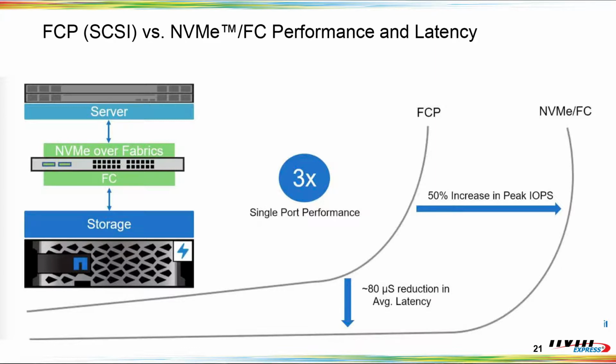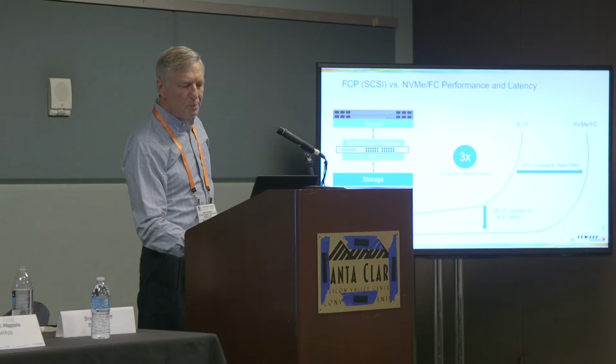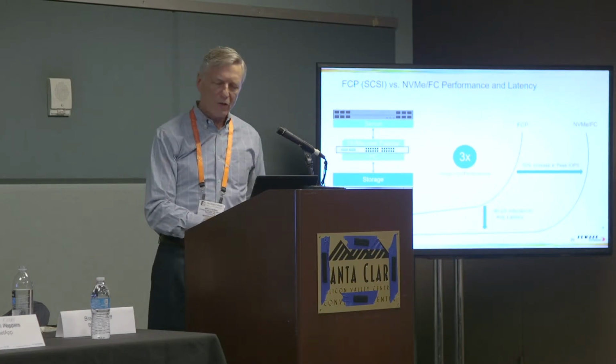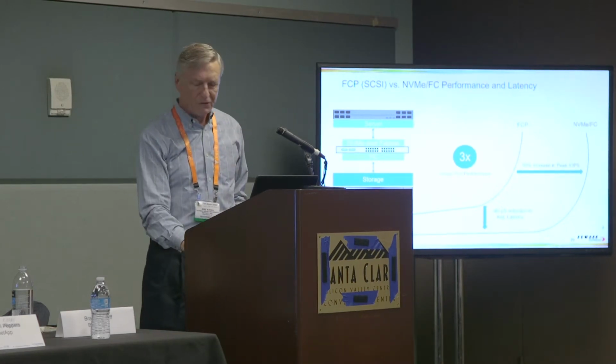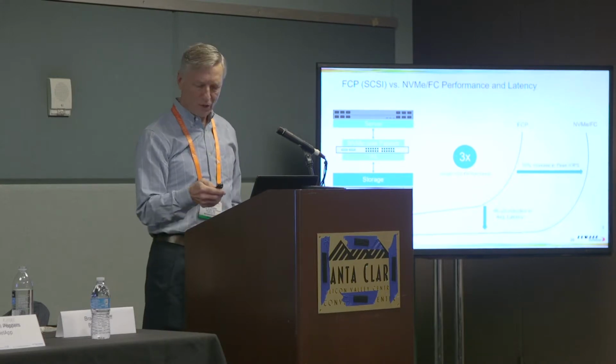And we've removed the numbers from this for competitive reasons, but this is where Fibre Channel protocol, i.e. SCSI, just cannot compete with NVMe over Fibre Channel. So in peak IOPS, I think this is a question you were asking, Claude, we see approximately a 50% increase, but your mileage may vary.